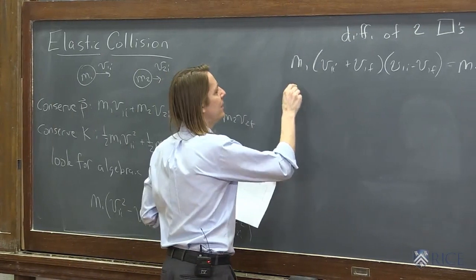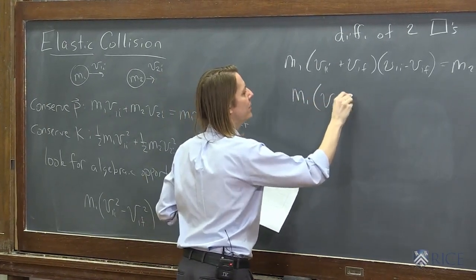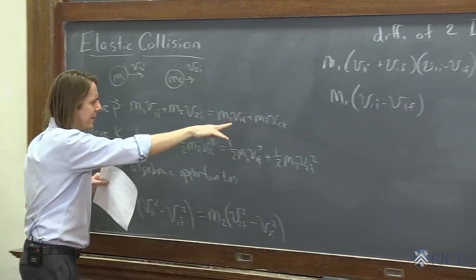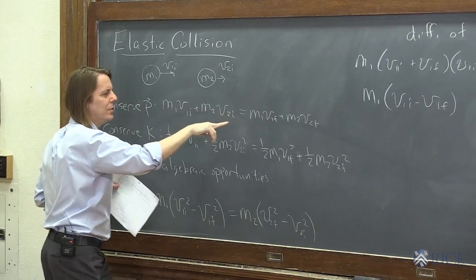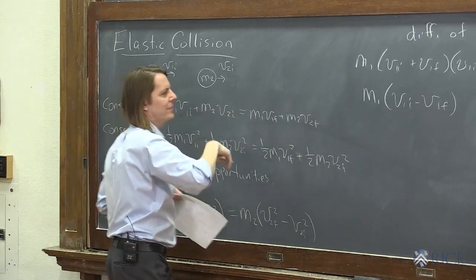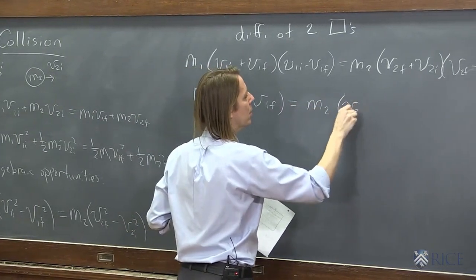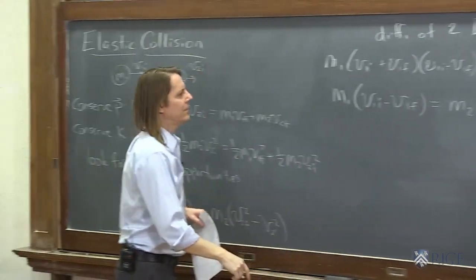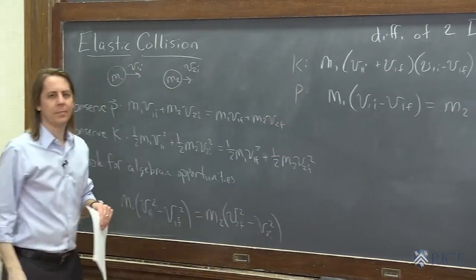That's convenient. So let's write M1, and it's V1I minus V1F. All right, that is this side. And on the other side is M2 times V2F minus V2I. All right, so still two equations, two unknowns. There's K and there's P.